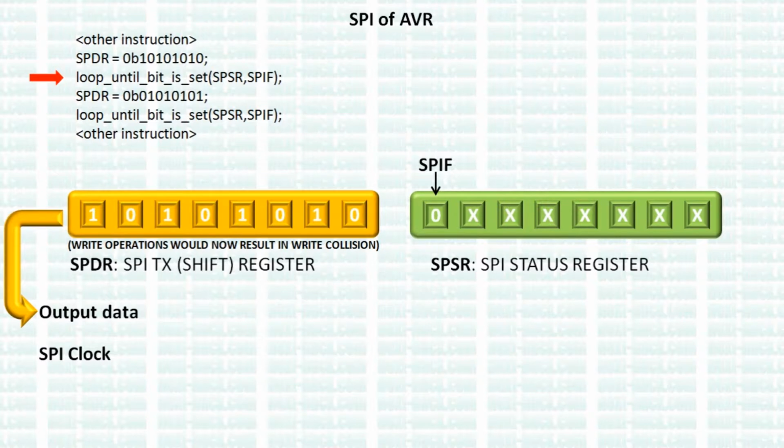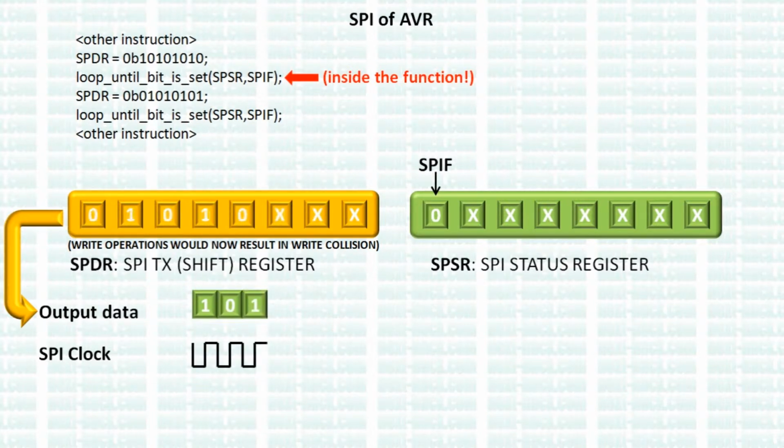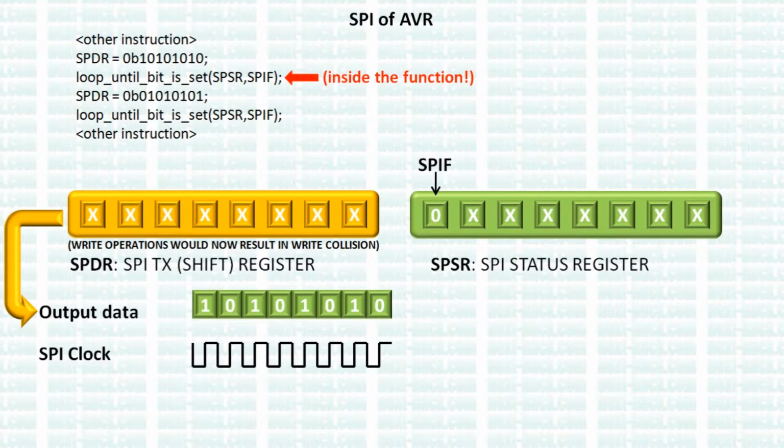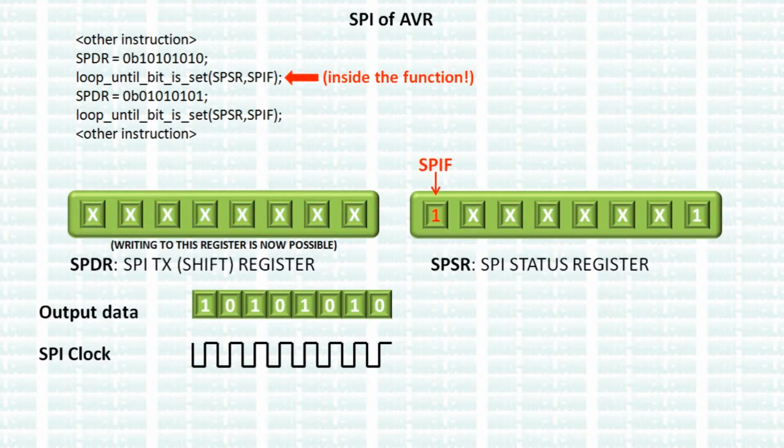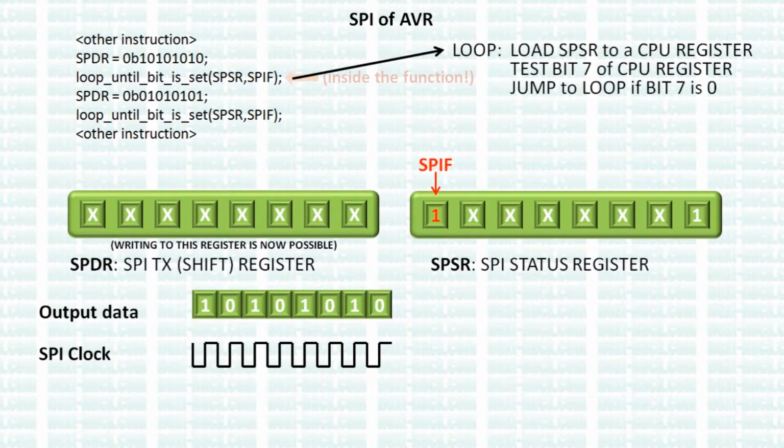We cannot write other data, so we wait using the function loop until bit is set. In the meantime, the SPI shifts out the data while we wait. Now the data has been sent out, and the SPIF is now 1 as a notification. Let's pause our system. When the SPIF flag becomes 1, we are still in the function loop until bit is set. On the right, we wrote in a human readable language the instructions this function is made of.